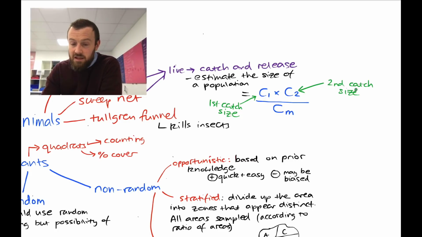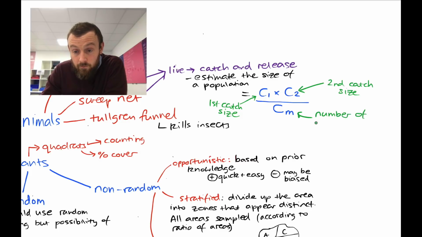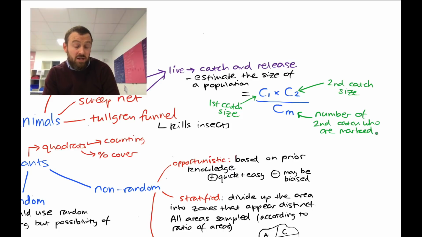And underneath, CM is the number of the second catch who are marked. So that will give you an estimate of the population size.